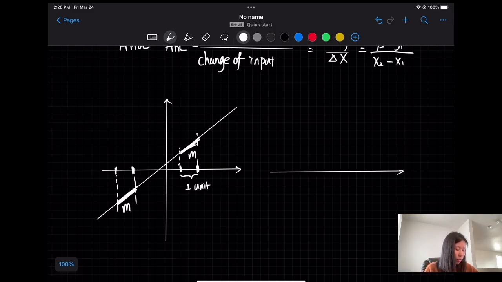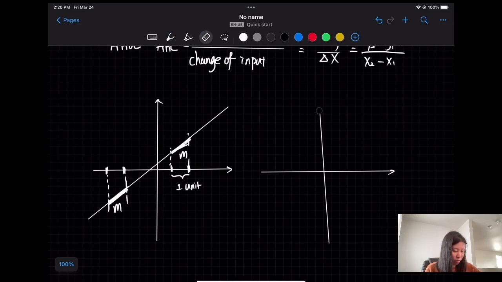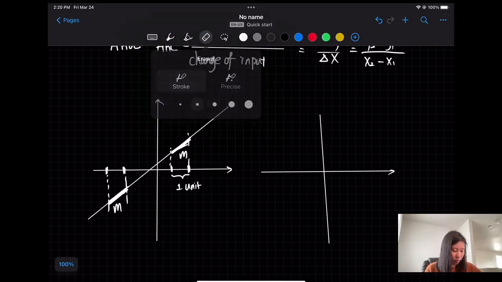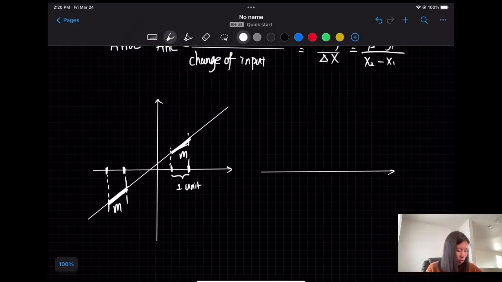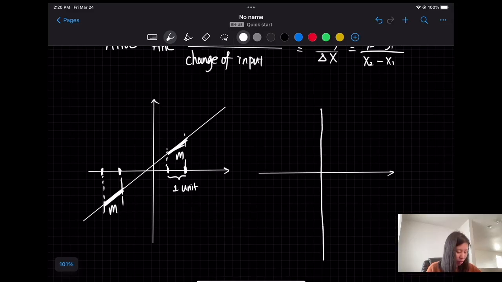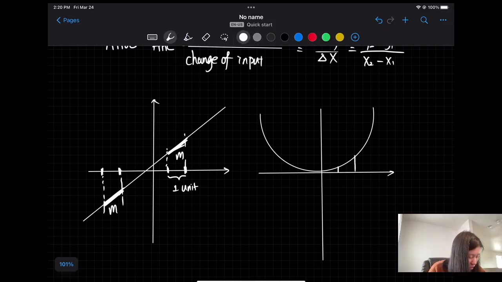But when it comes to a parabola, it's going to be different, because in this 1 unit, the slope is flatter than this 1 unit, right?